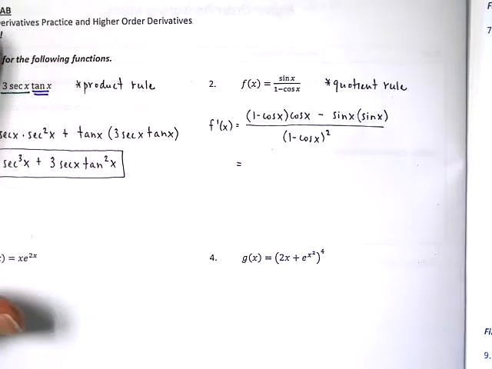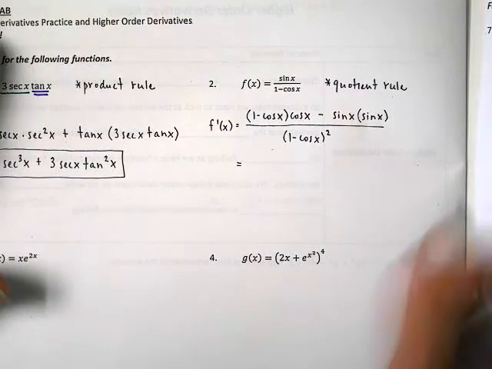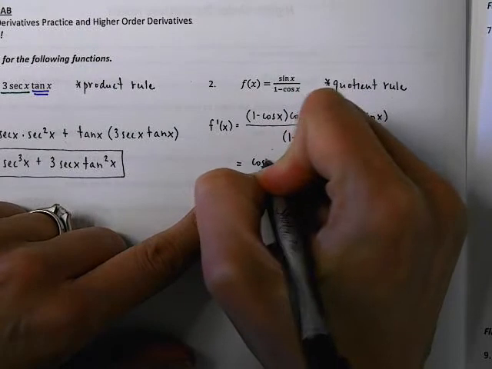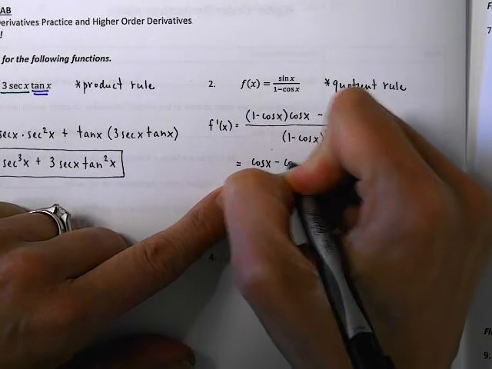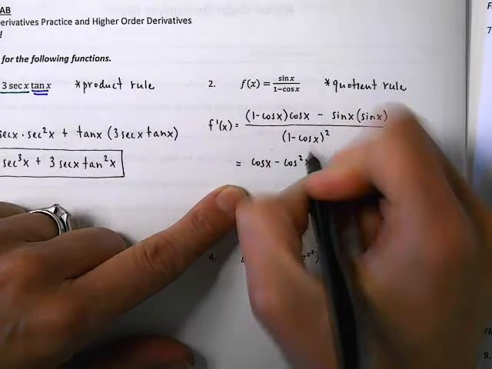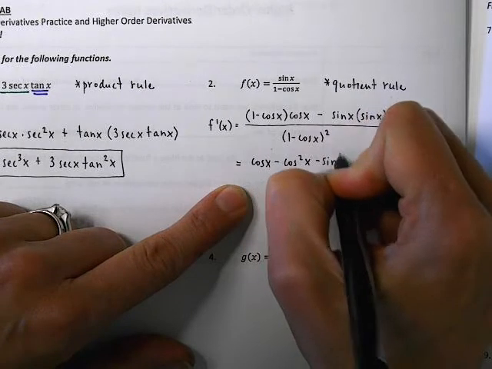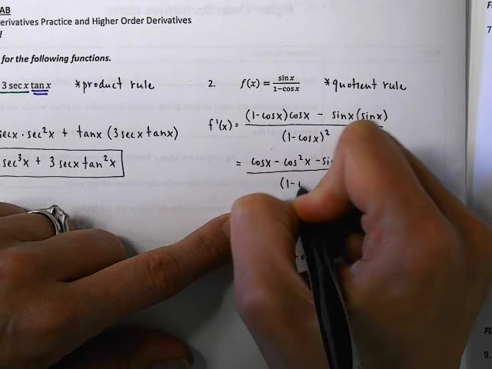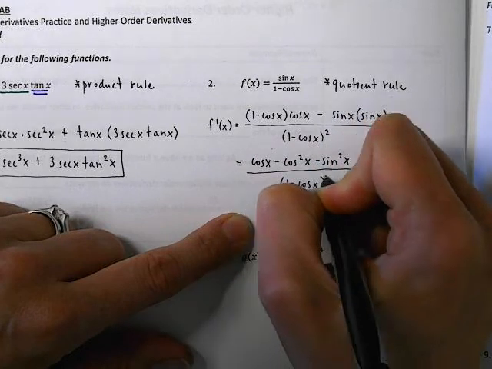Now, I'm not too worried about simplifying here. Probably what I would do, I guess I would go ahead and distribute: cosine x minus, we had a cosine squared of x. I'm going to have minus sine squared of x all over the quantity 1 minus cosine of x squared.